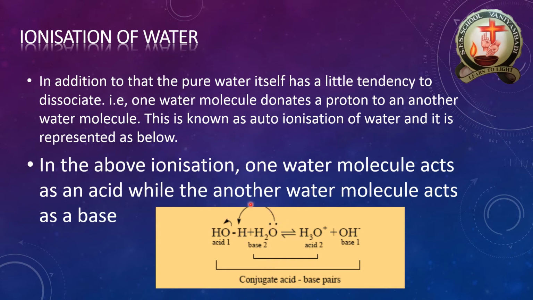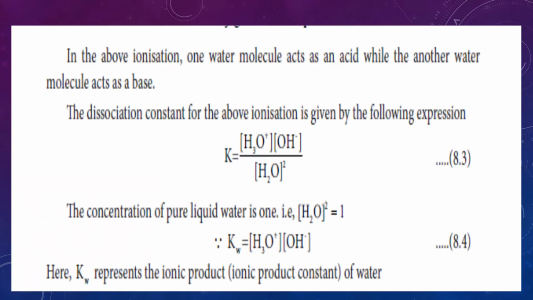This lone pair attacks here, this bond breaks and goes here. This gives H3O plus, where the plus represents that the electron has moved out from the other element, and then OH minus. This is a simple representation of conjugate pairs.